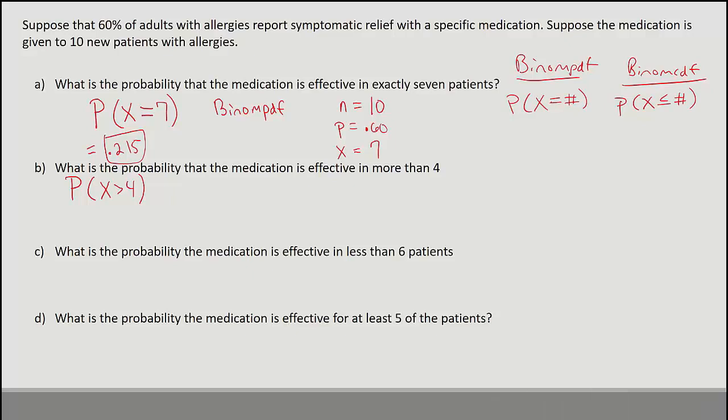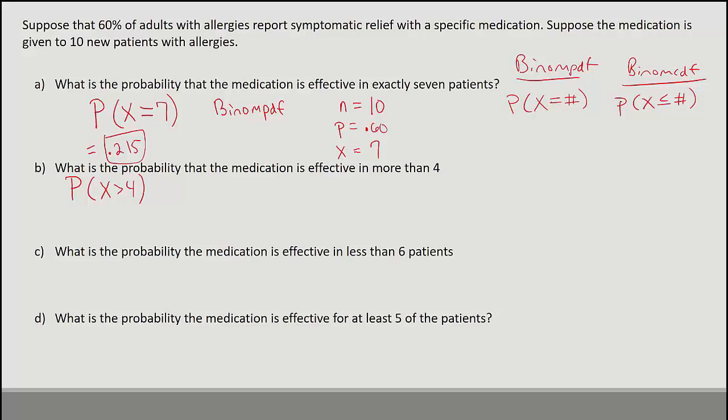Well, look at our situation. We neither have an equals nor a less than or equal to. Now what we have to do is some tricks to get this thing to look like either an equals or a less than or equal to.